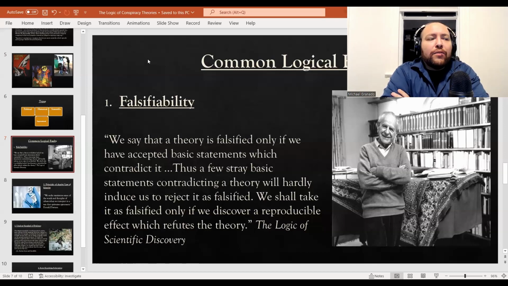Consider a silly example, the flat earth, the idea that the earth is flat. What would it take to falsify the flat earth? That one's pretty simple, right? Just put you in a spaceship and send you up into orbit, and voila, you can see that the earth is round.